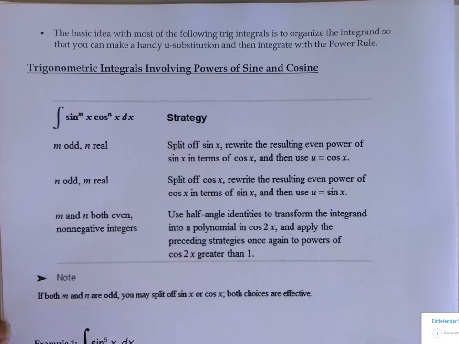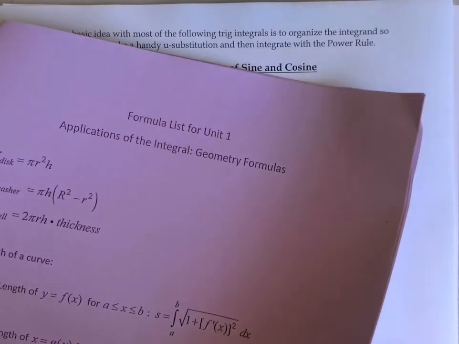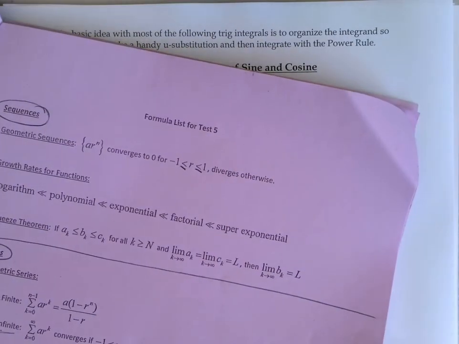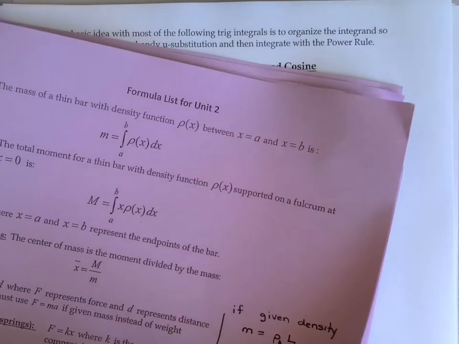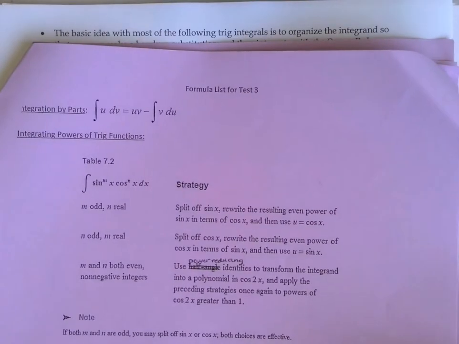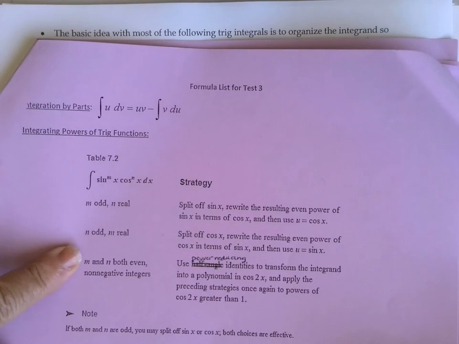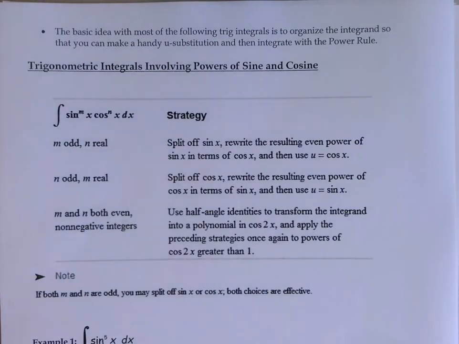This is on your list of formulas that I gave you, for unit 3. In addition to integration by parts, these exact same tables that you're seeing here are on there. So you just need to know how to use them.